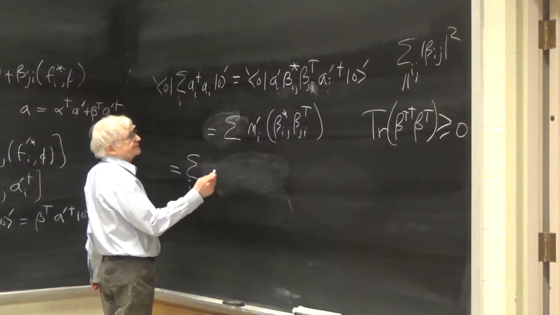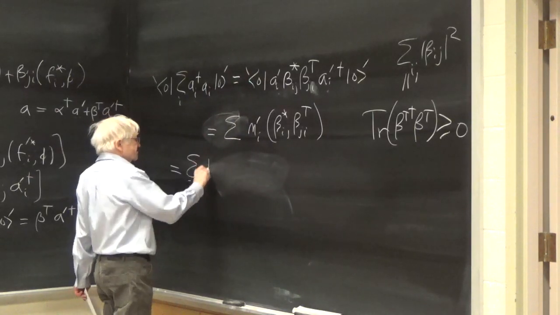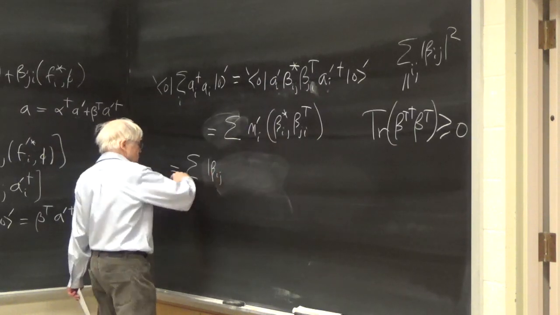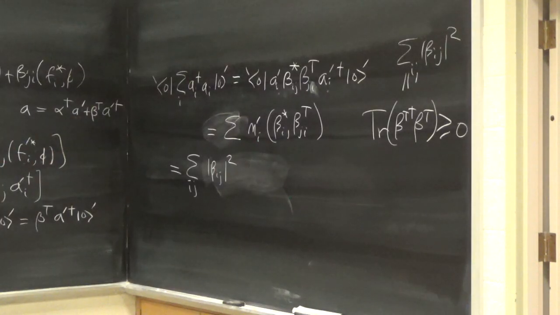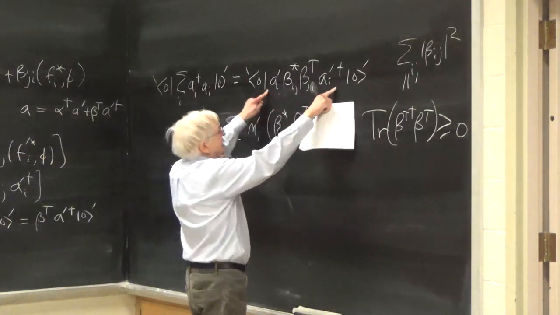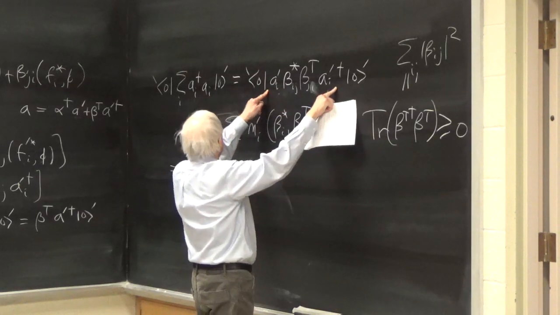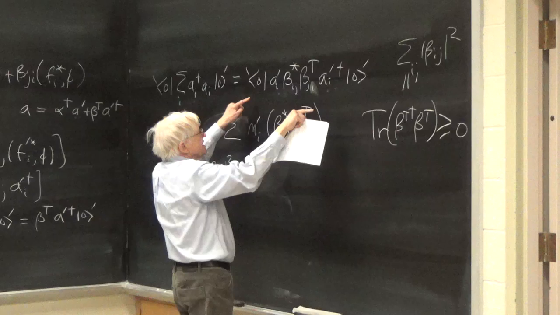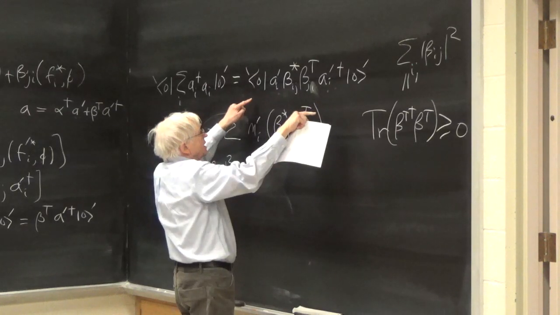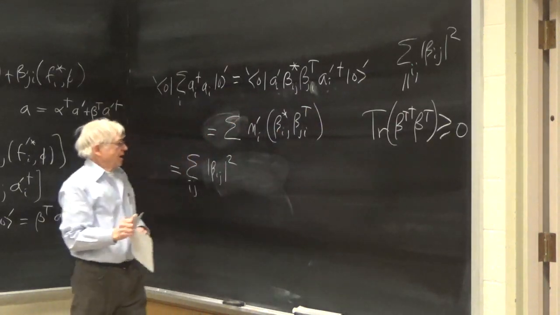And so this is just a sum on j, sum on i, of beta ij absolute value squared, because we have these i's the same.